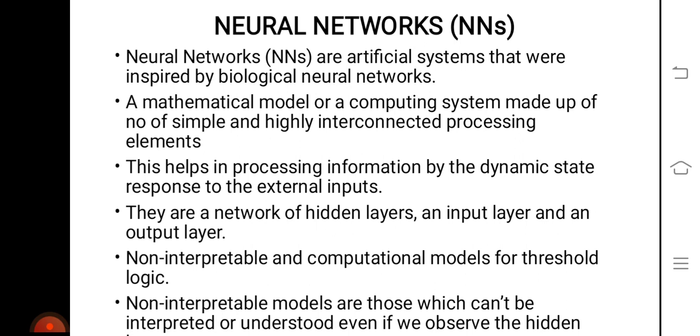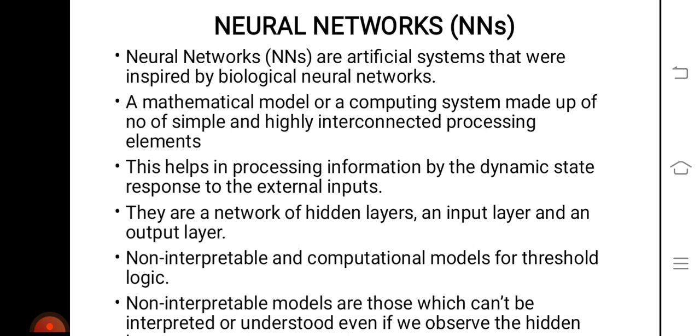Then we will move to the neural network topic. Neural networks are artificial systems that were inspired by biological neural networks. A neural network is a mathematical model or a computing system made up of a number of simple and highly interconnected processing elements.